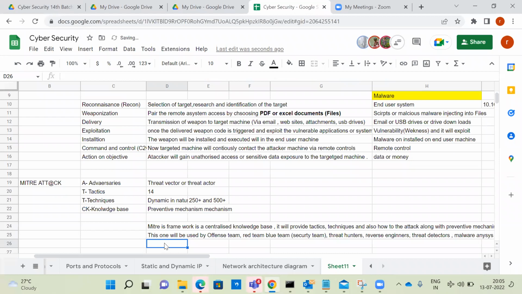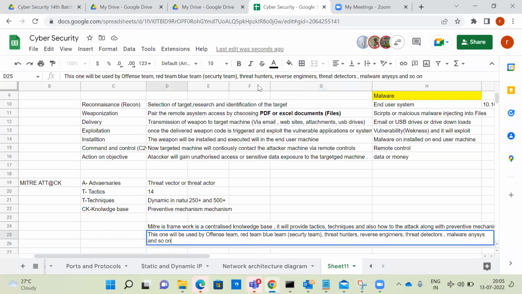So that is about the MITRE framework. It is used by the offensive team, our attackers; the red team, a partially hacking team; and the blue team, which is the SOC team or security team.